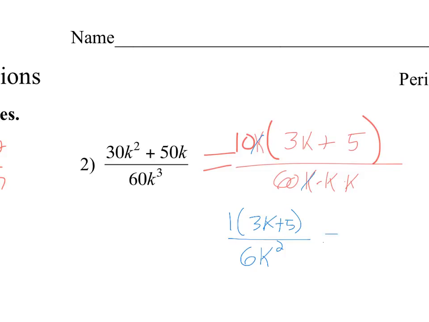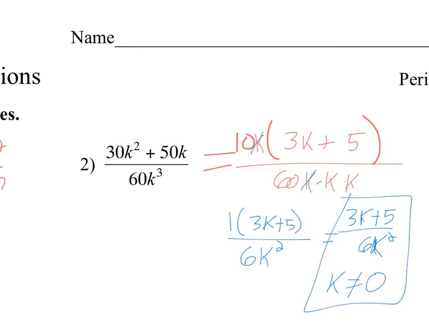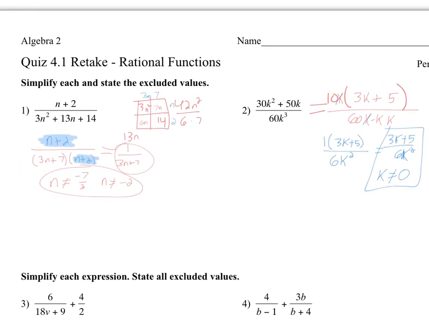You could rewrite that in a nicer way as 3k plus 5 over 6k squared. But k cannot be 0. So I would say that would be our final answer for this.